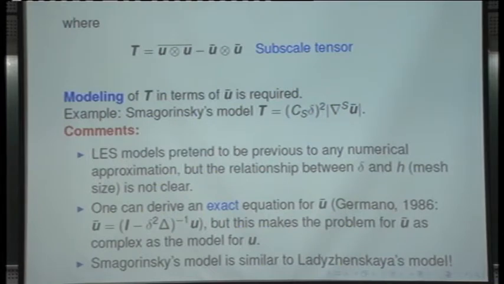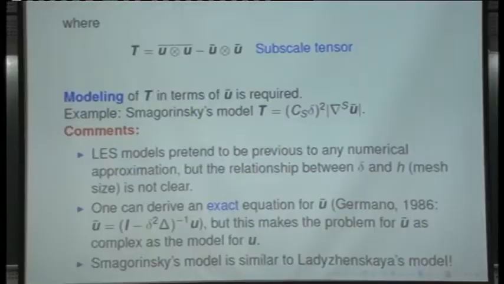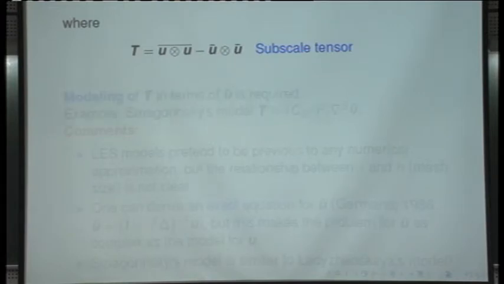Comments. I am not, let's say, objective in that topic. I assume I am not objective, so there will be some comments here that are personal opinions. One fact: LES models pretend to be previous to any numerical approximation. We haven't talked about any numerical approximation yet, that's just filtering.